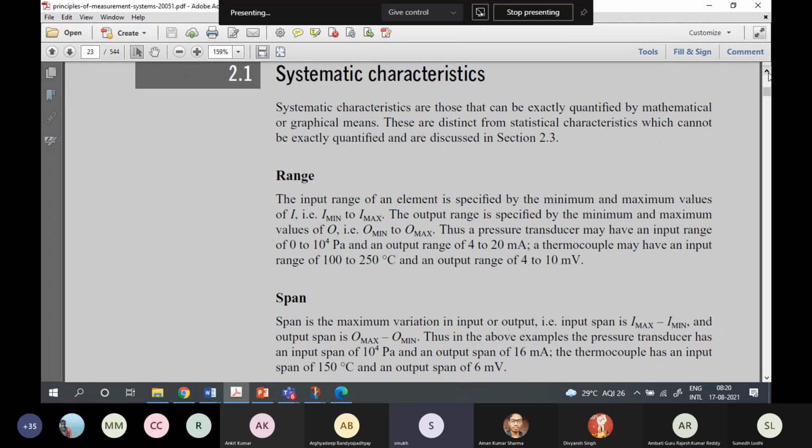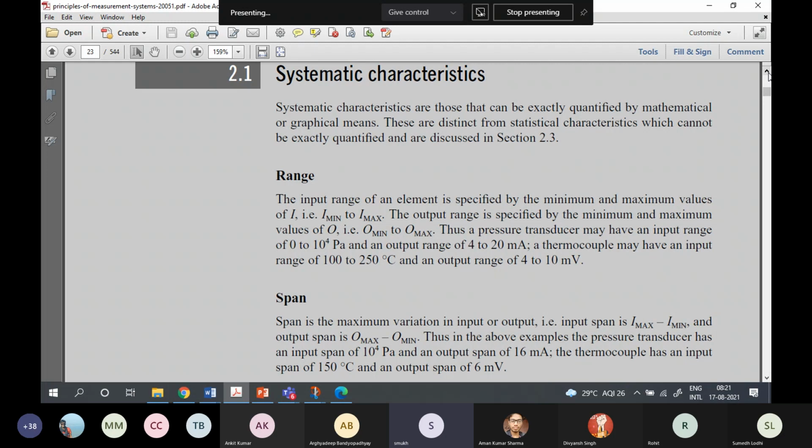We will do problems on this: given a data sheet, how do we interpret how much error can actually occur in a measurement system. It's one of the very important competencies that we are trying to gain by doing this course. So let's understand some of these common terms.